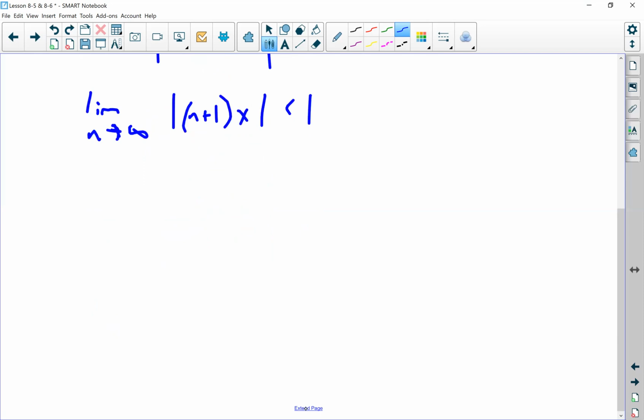Solving that to get the x by itself, I divide both sides by n plus 1. I don't have to worry about n plus 1 being negative. First of all, it's in absolute values, so that's nice. Second, we know n in this case goes from 0 to infinity, so we don't have to worry about negative values.